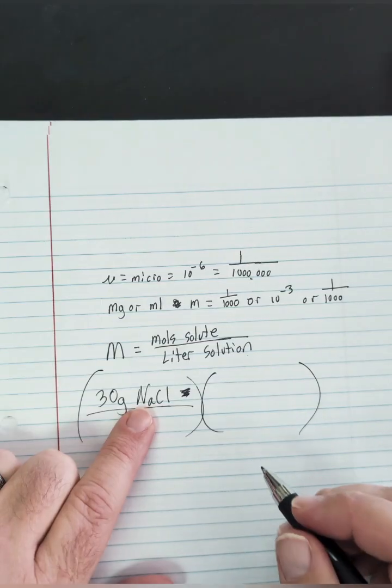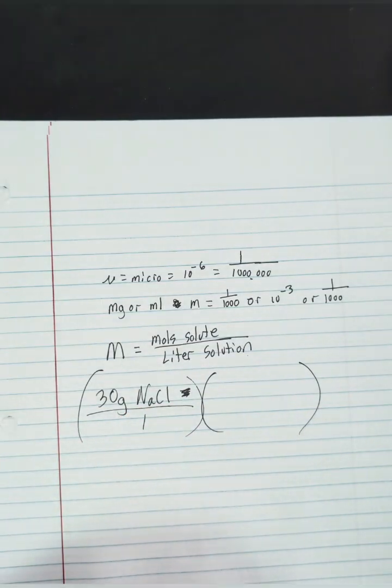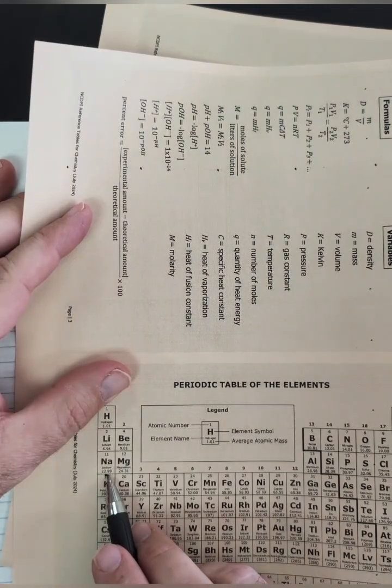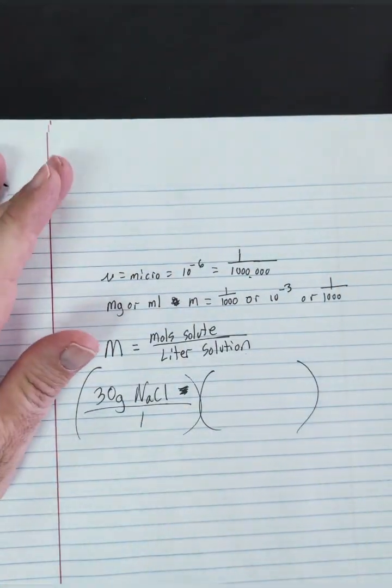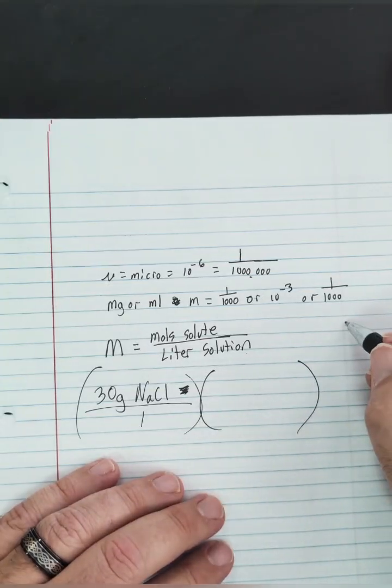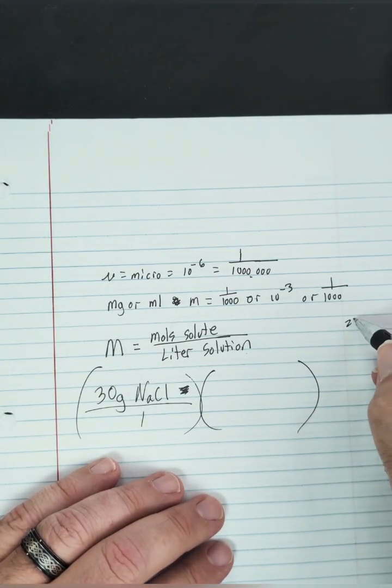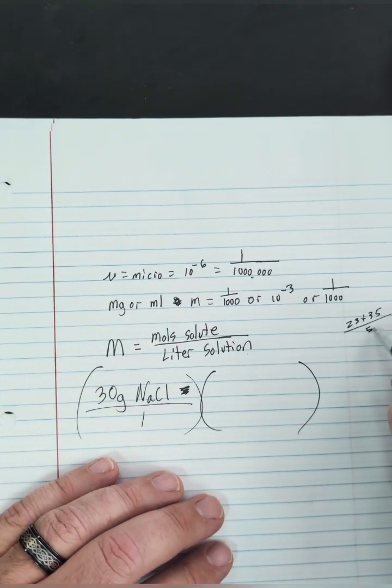Now, the mass of sodium, if we look at our reference table, sodium has a mass of, let's call that 23. Chlorine has a mass of, let's call that 35. So 23 plus 35 would be 58.